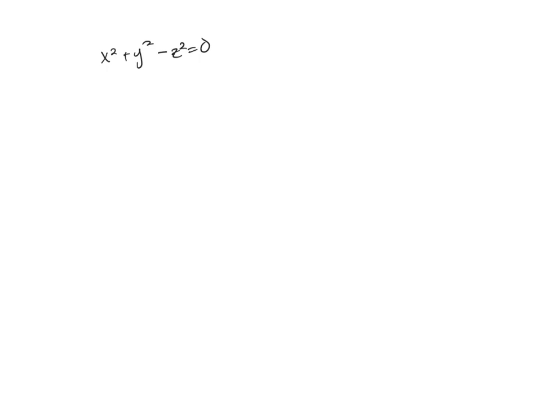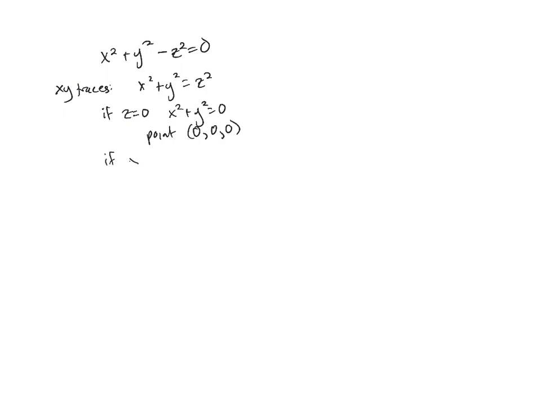Finally, let's look at the equation x squared plus y squared minus z squared equals 0. So again, let's take a look at the xy traces first. For those, I can picture bringing that z squared over to the other side and plugging in different values. If I plug in z equals 0, then we end up with x squared plus y squared equals 0, which is a point in space, specifically at 0, 0, 0.